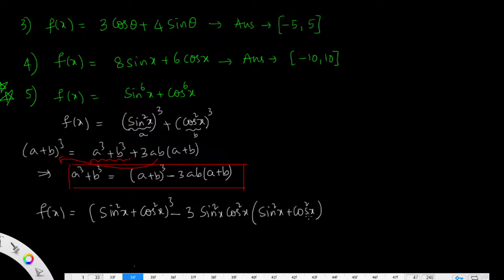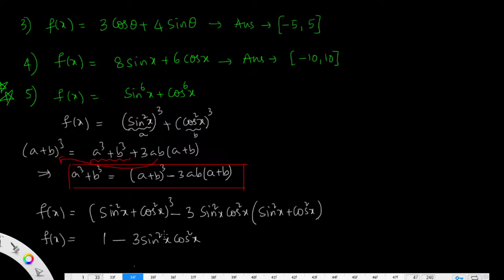Okay, this is the formula-based substitution in the basic formula for a cube plus b cube. The power is 6, so it is converted like this. Obviously, this value is nothing but 1 minus 3 sin square x cos square x. That value is converted by simplification as 1 minus 3 sin square x cos square x.